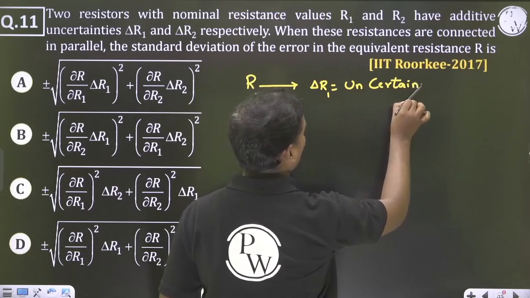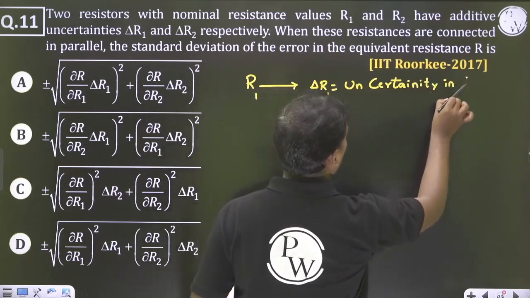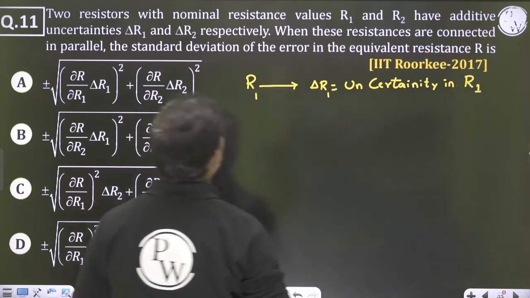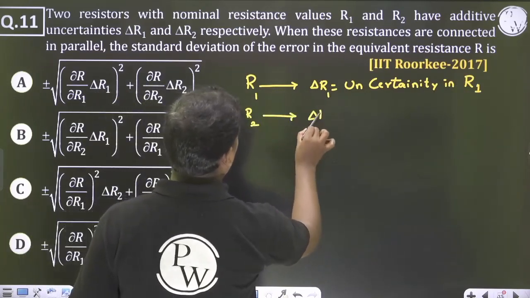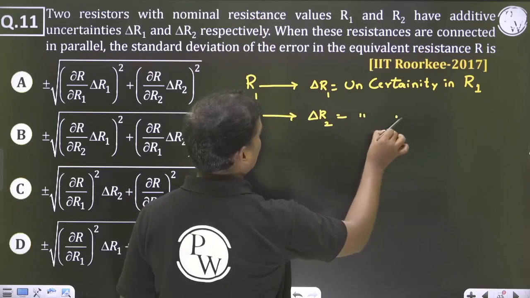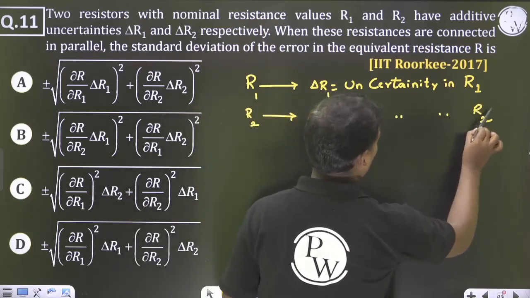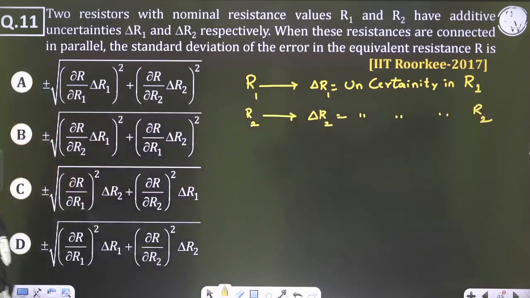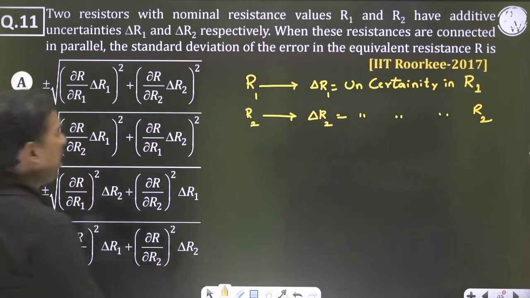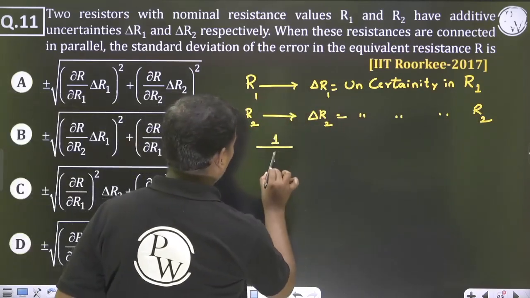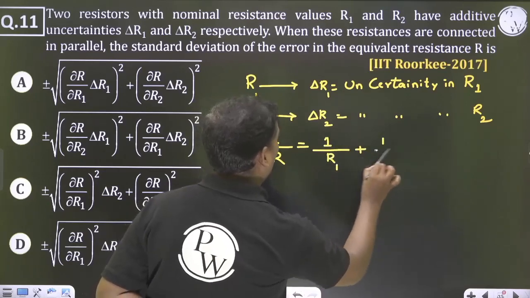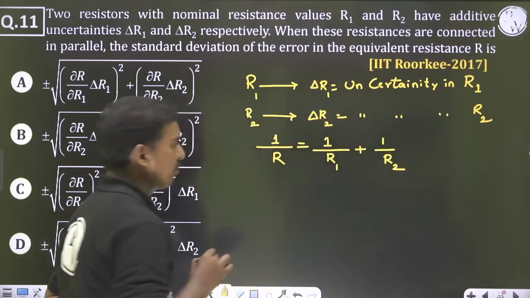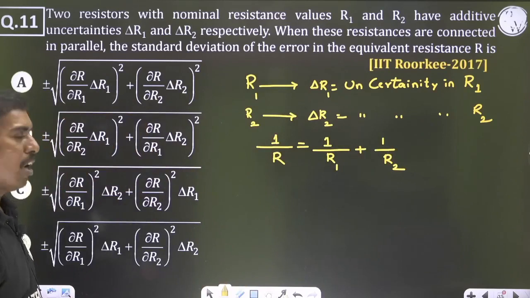Next, R2, with uncertainty in R2, delta R2. Understood? So now 1 by R is equal to 1 by R1 plus 1 by R2. That is the expression. Now the uncertainty in R, how to get it?